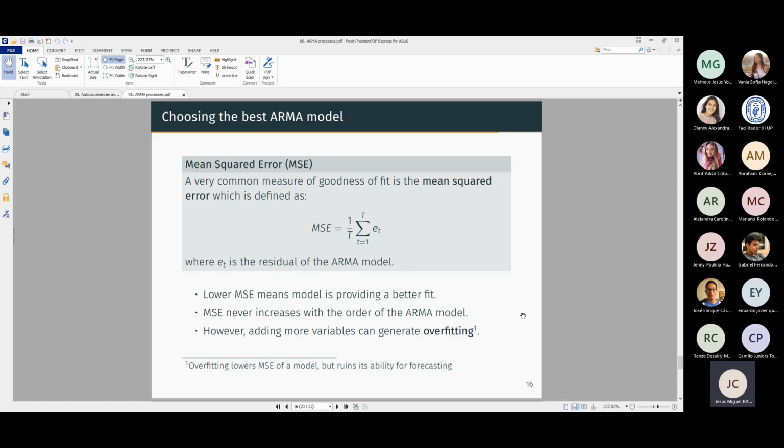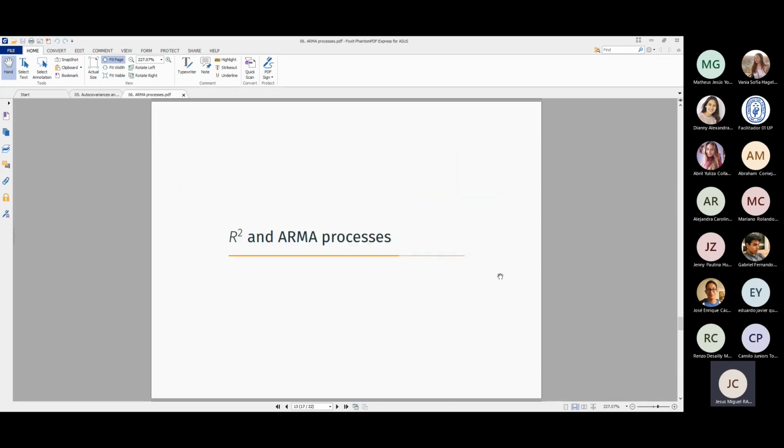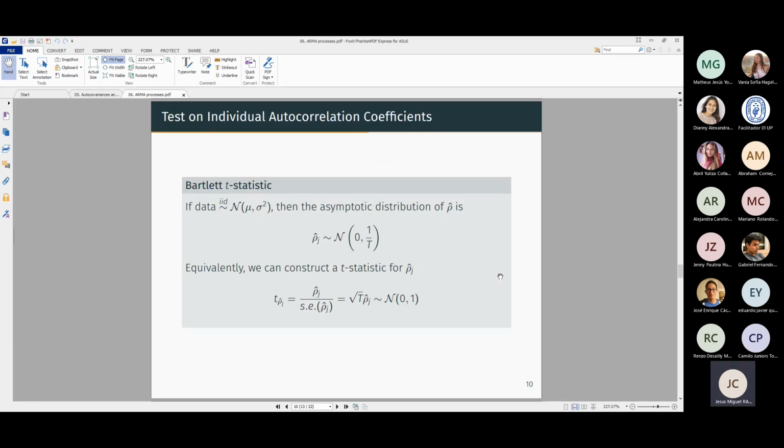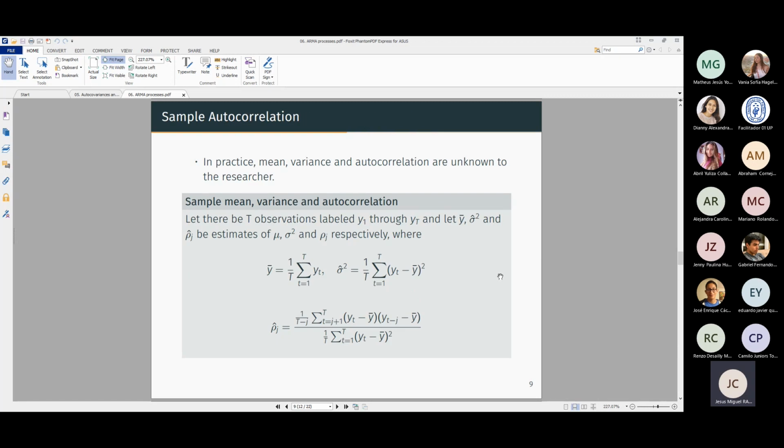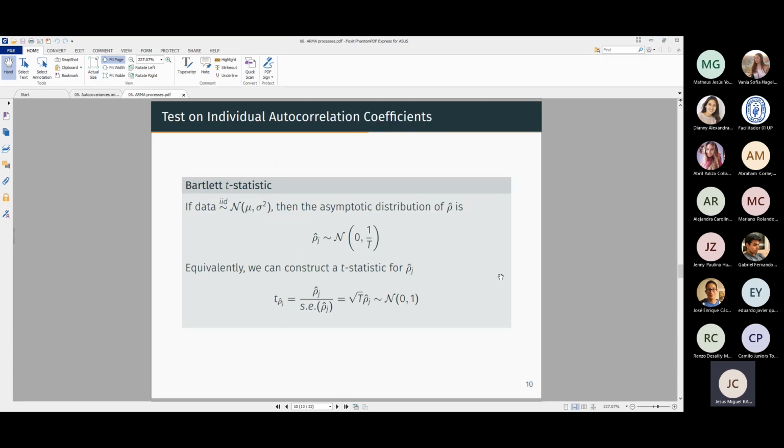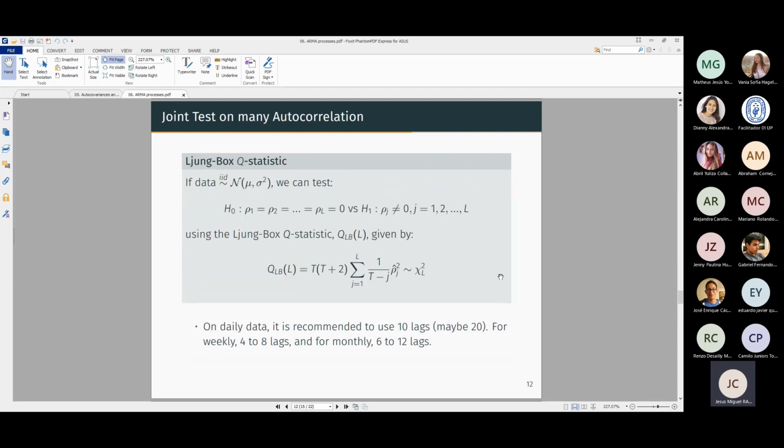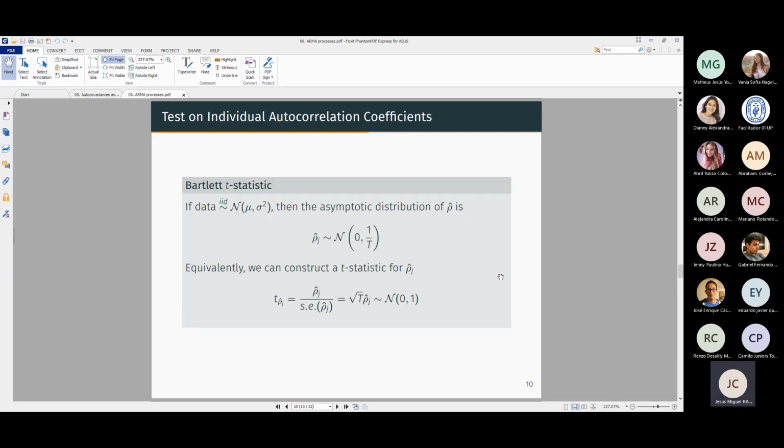Okay, so I will jump from this. These are the sample correlations. We have seen this before. Now we have the test on autocorrelation, the individual and the joint test. You have probably seen this with Gonzalo.